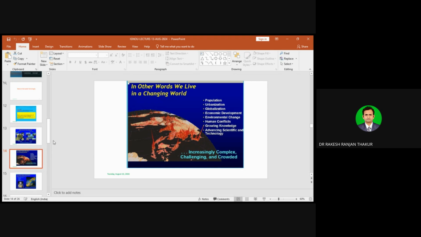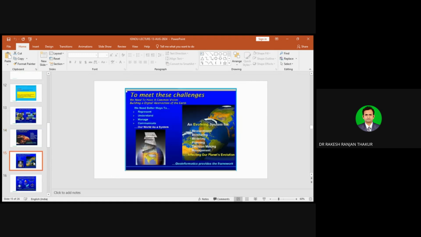In the next slide you can see that we have limited resources, and to meet these challenges, हमारा जो overcrowded population है, and also the limited resources are there. ये जो all things है ना, we need to meet this challenge. We need to monitor our resources very widely.